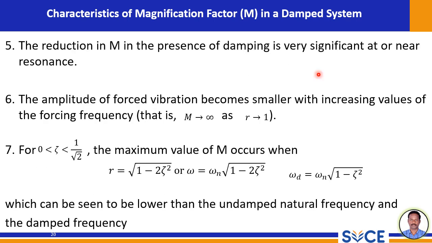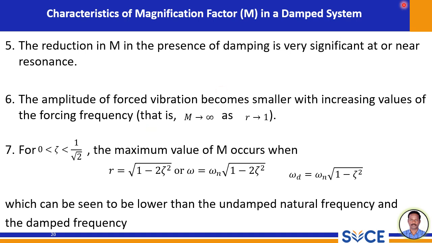Let's continue with the remaining key characteristics. The reduction in M in the presence of damping is very significant at or near resonance. We have already seen in the graph that the amplitude of forced vibration becomes smaller and smaller with increasing values of the forcing frequency.